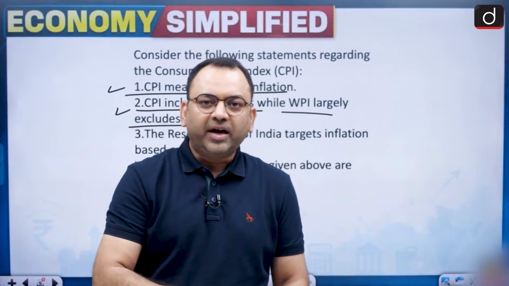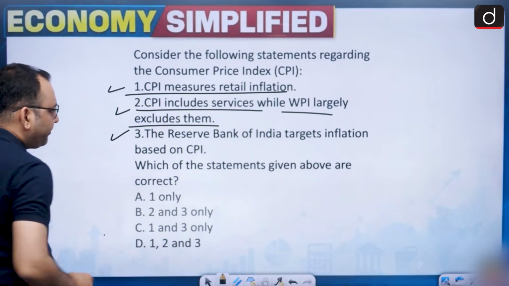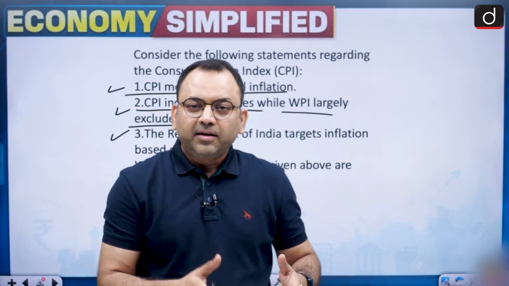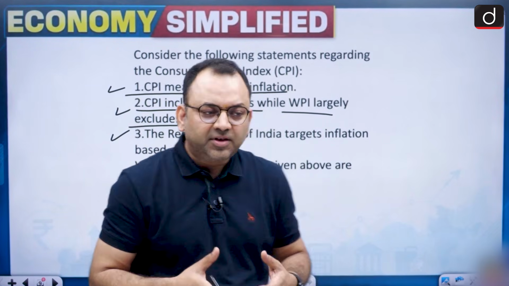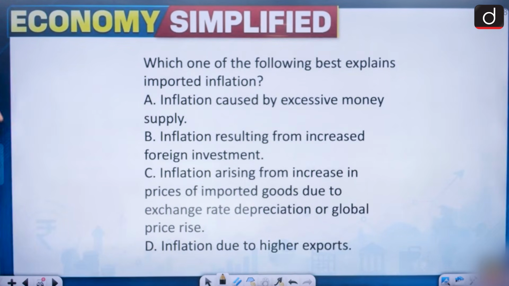CPI takes goods and services, right? And the Reserve Bank of India, when they focus on inflation, focuses on the data that affects users' pockets, which is CPI. So here, all of them are correct. Answer is D.